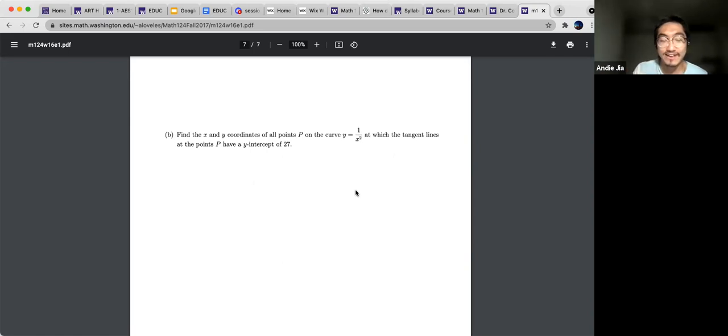The notation of a tangent line at a specific point x equal to a is y equals f prime of a times x minus a. In this case, for the y-intercept, a is 0, and you set y to 27, so 27 equals f prime of 0 times x minus 0.